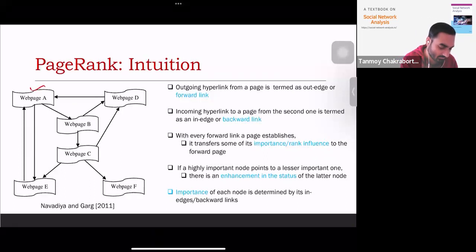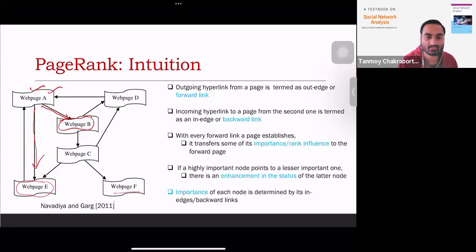So you can take three decisions, right? One decision is that either you move through this link and you open web page B, or you move through this link, you open web page E, or you suddenly type a completely different web page whose hyperlink is not there on the web page A, right? And so let's assume that you type the URL of web page F and you open this web page, right?